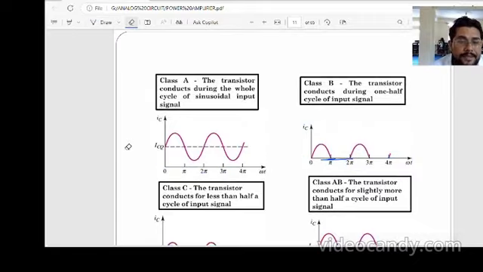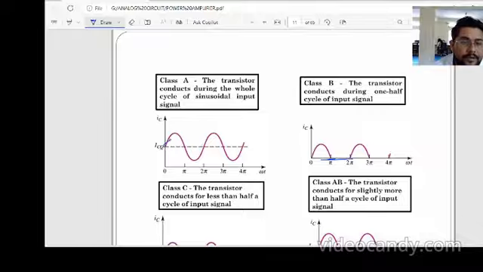In class A, we see the output conducts the complete cycle, starting from here to here. Next, the class B amplifier conducts just from here to here, one half cycle.